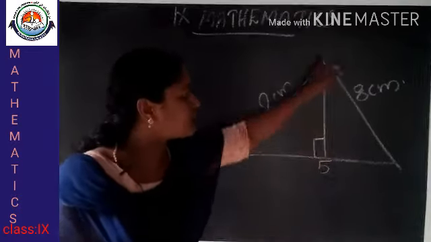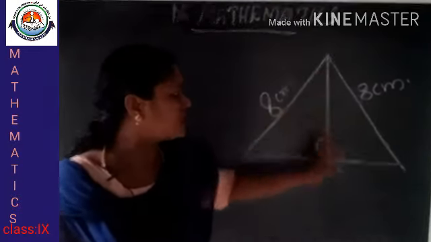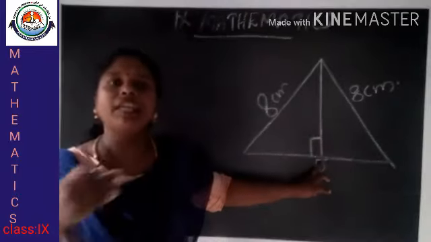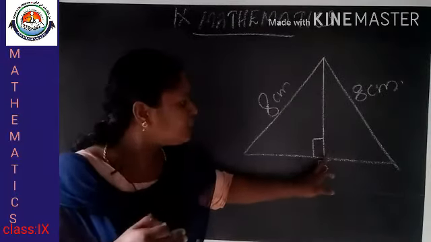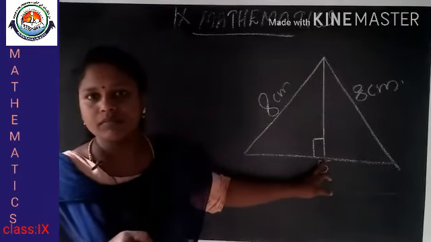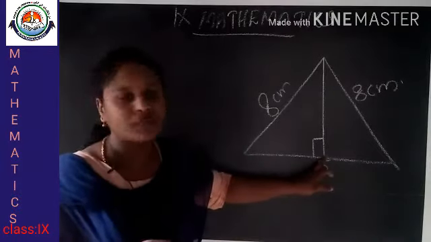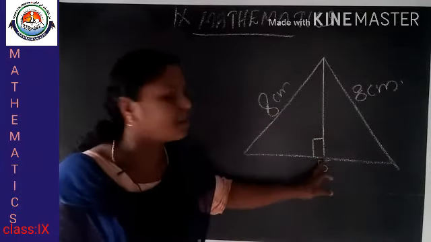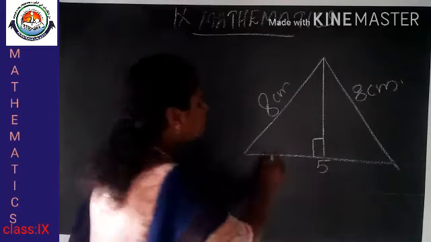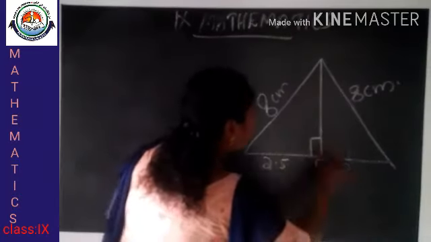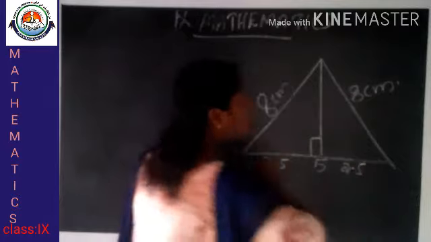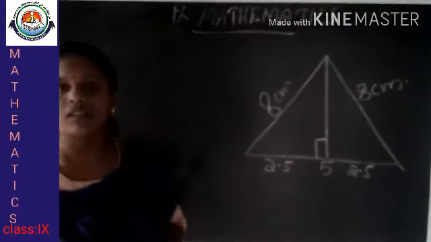Altitude means the perpendicular from the opposite vertex, and median means the line to the midpoint. Here also we are drawing the perpendicular from the opposite vertex to the midpoint. Therefore, this side will be 2.5 and this one also 2.5.